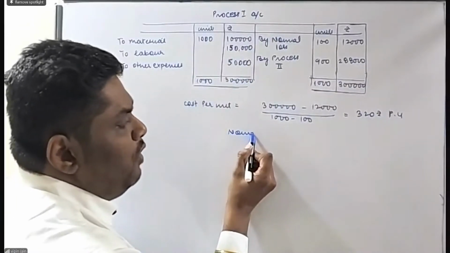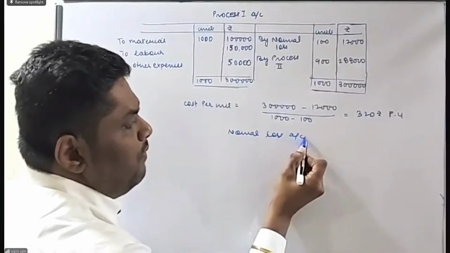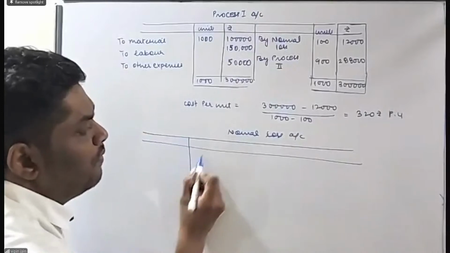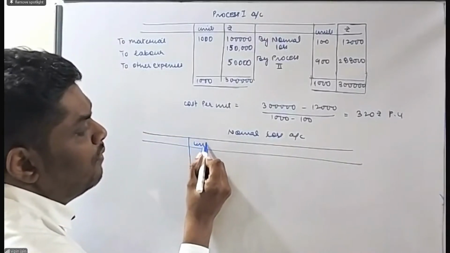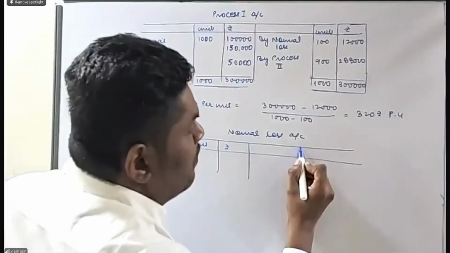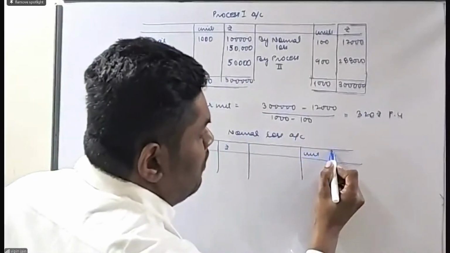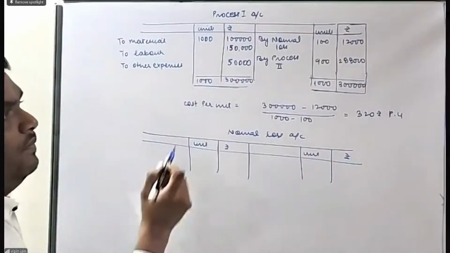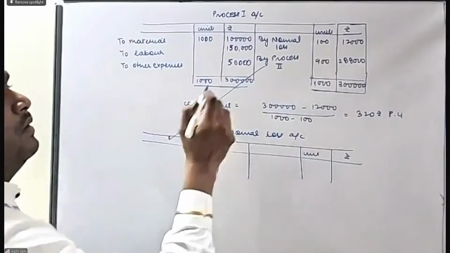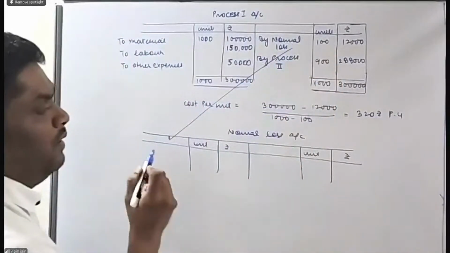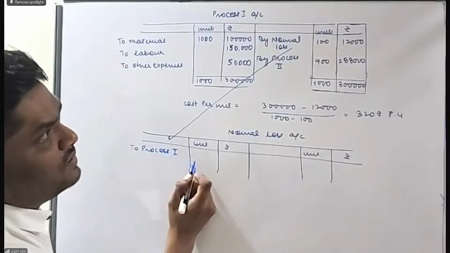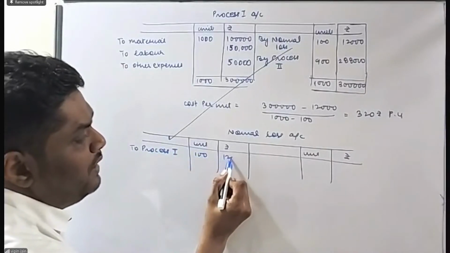Further, if we prepare the normal loss account also, so when talking about normal loss, to process first, 100 units and 12,000.